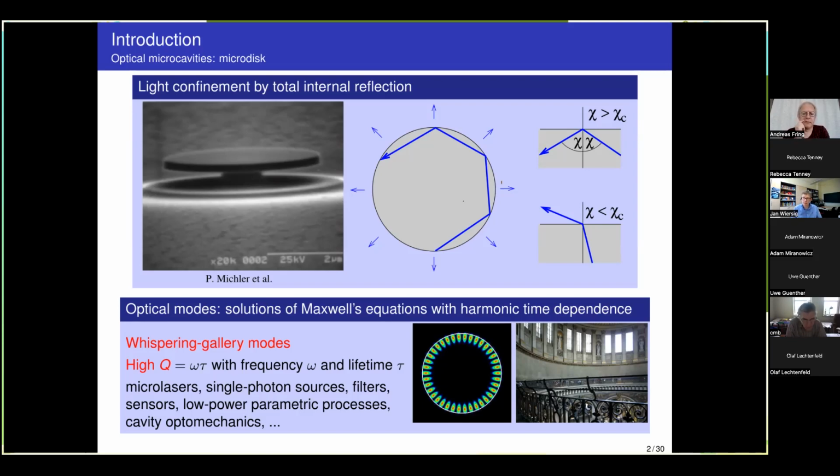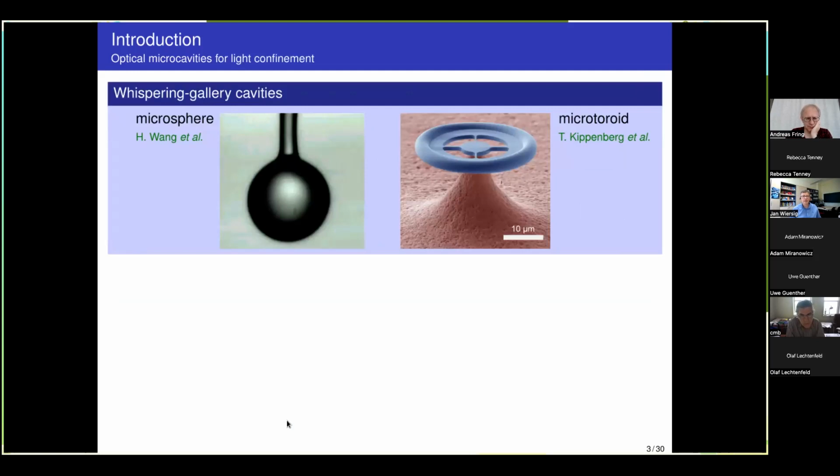You want to keep the photons as long as possible in the gain medium, such that the photons can contribute to stimulated emission. Other applications are single photon sources, filters, sensors, low power parametric processes like down conversion, or cavity optomechanics.